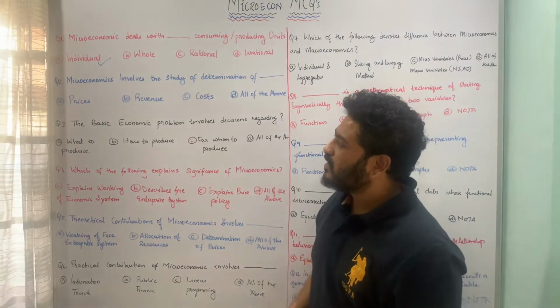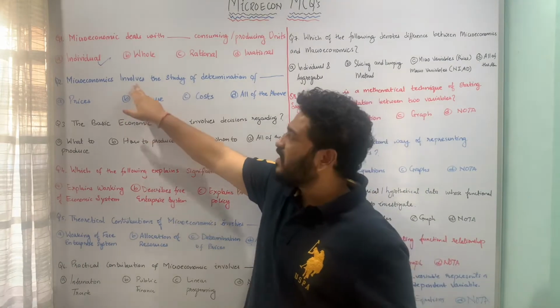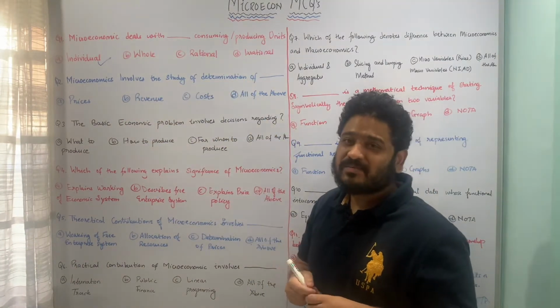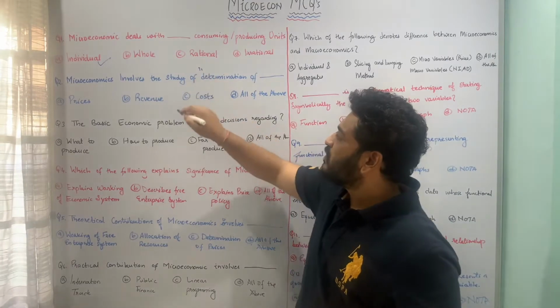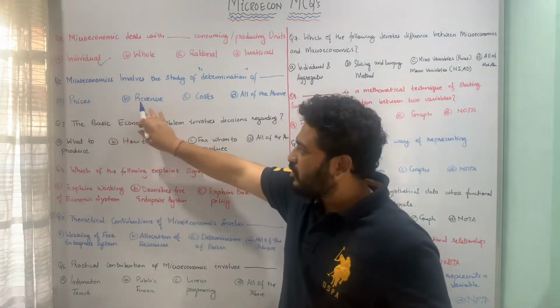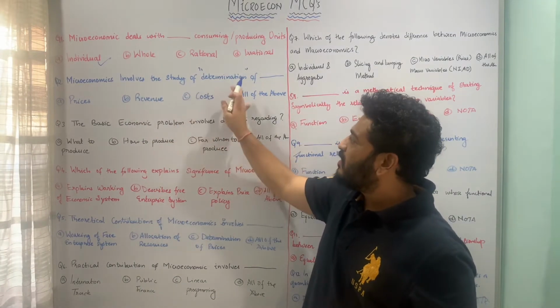Let us now move to the next question, which is talking about microeconomics involves the study of determination of what. So microeconomics helps in determination of what all things. So first, the option is prices, the second option is revenue, the third option is costs, and last is all of the above.